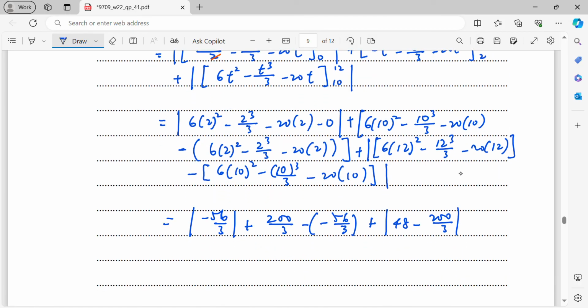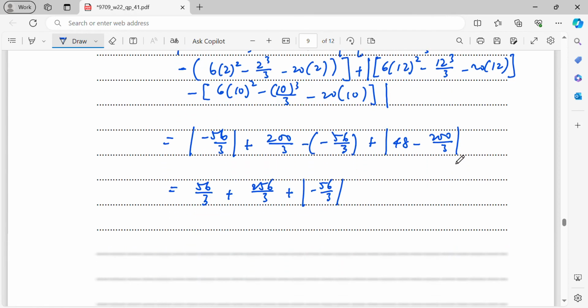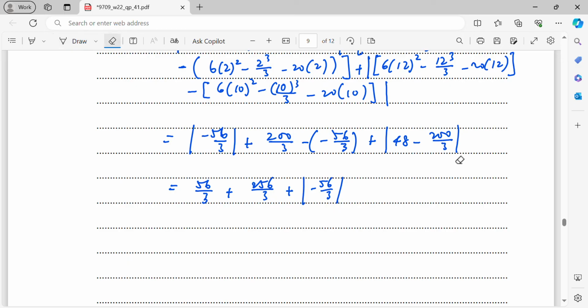That means here you will be getting 56 over 3 after the modulus. Then the middle value is 256 over 3. And then the last one will be modulus of negative 56 over 3. Okay, that is going to be positive 56 over 3. Then at last you will be getting 368 over 3. So this is the total distance.